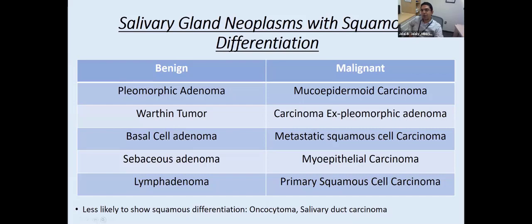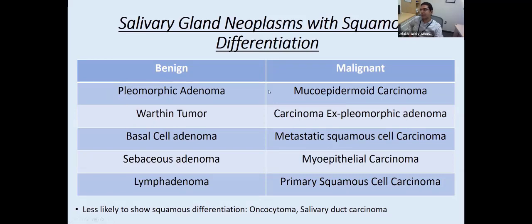It can affect both benign and malignant tumors, and some of these can indeed be cystic. Most commonly in pleomorphic adenoma and Warthin's tumor, when they undergo injury or a previous FNA, that's when they have squamous differentiation. But this lesion has not been FNA'd previously.